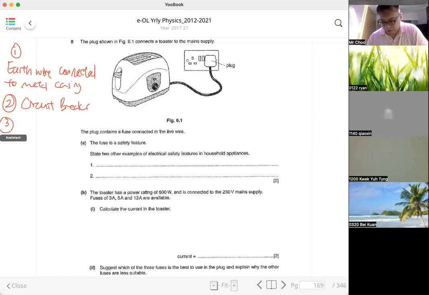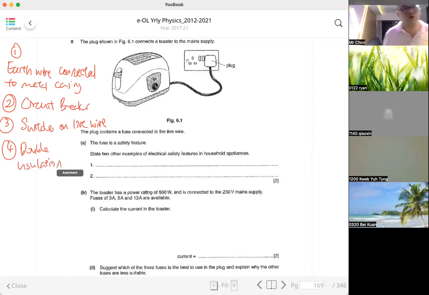You can also talk about switches on the live wire. You also can talk about double insulation. So any 2 out of the 4 for part A, you'll get it correct, because we did not learn surge protector in your O level.